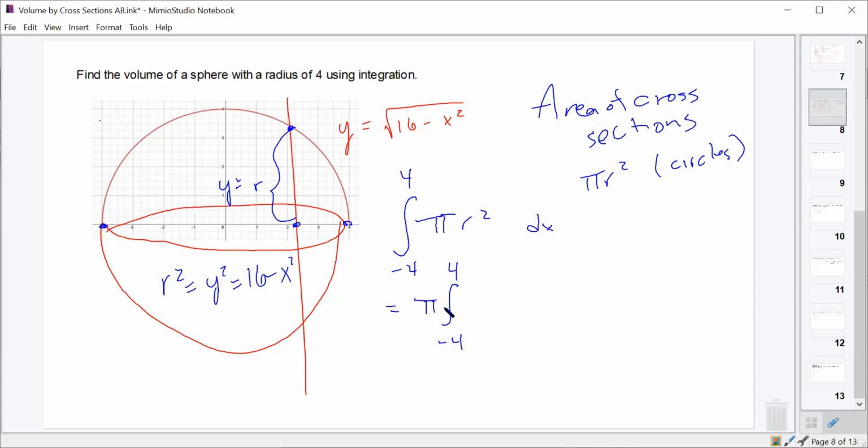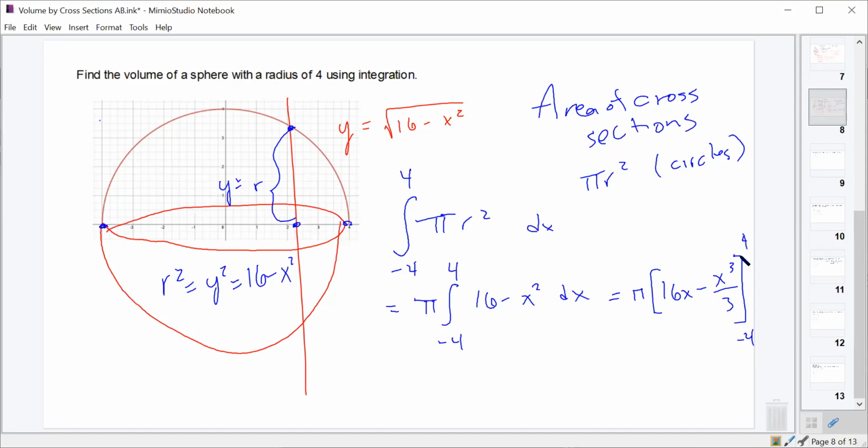And so if we were to do pi times the integral from -4 to 4 of 16 minus x squared dx, that ought to give us the volume of this sphere, which should be pi times 16x minus x cubed over 3 from, not 0, from -4 to 4.